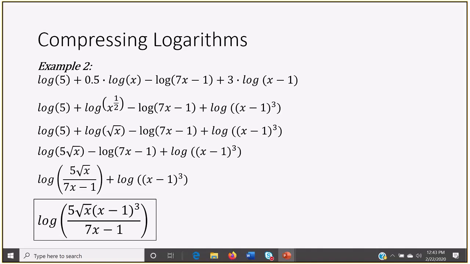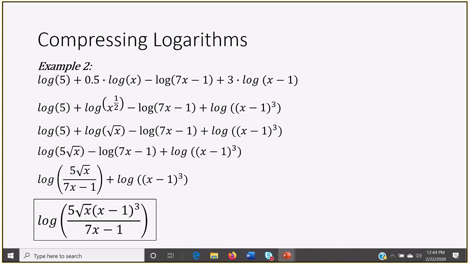Now, a bit of a shortcut that we can use in the future is that anytime I have a positive in front of my log, I am multiplying. Anytime I have a negative in front of my log, I am dividing. So really I could have looked at line 3 there and seen, okay, everything that is positive is multiplication, everything that's negative is division. So anything that is positive is going to show up on the top of my fraction, and anything that is negative is going to show up on the bottom of my fraction.